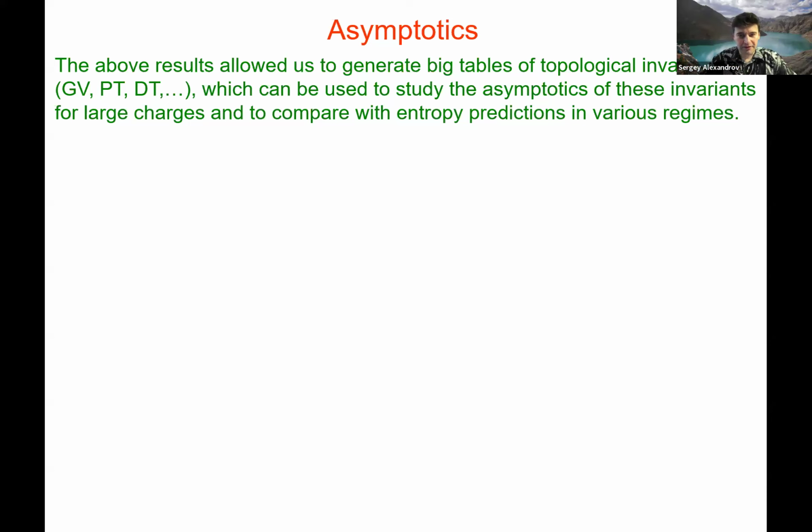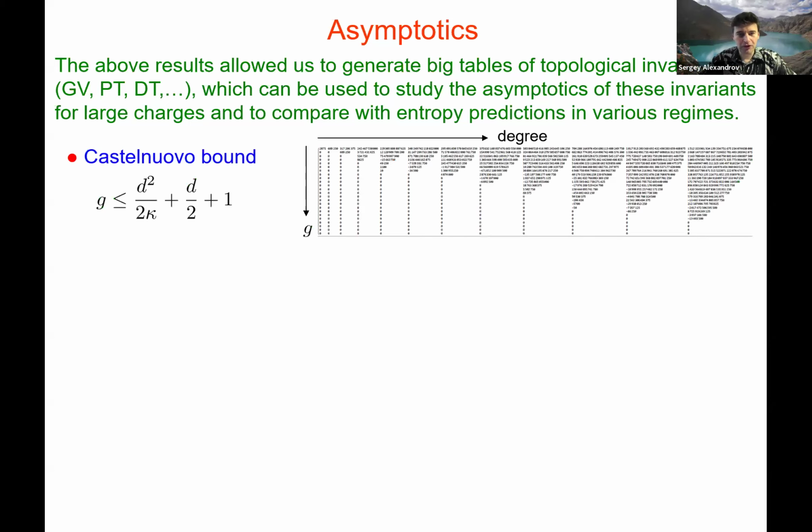Before I present these results, let me first show you how a typical table of such invariants looks like. This is a table of GV invariants for one of the manifolds. Genus grows if you go down, and degree if you go to the right. For fixed degree, at some point, all GV invariants are equal to 0.